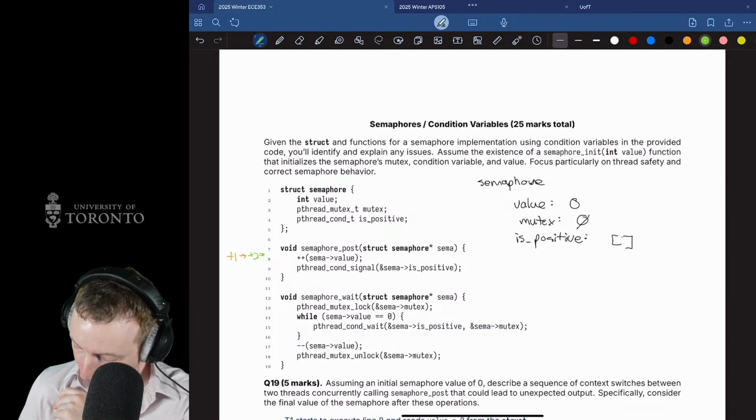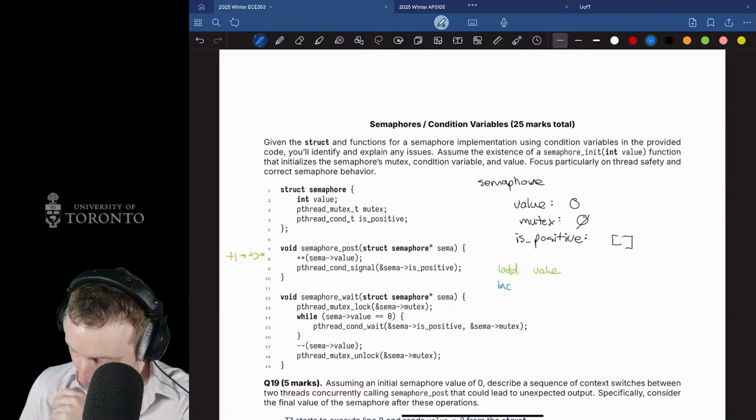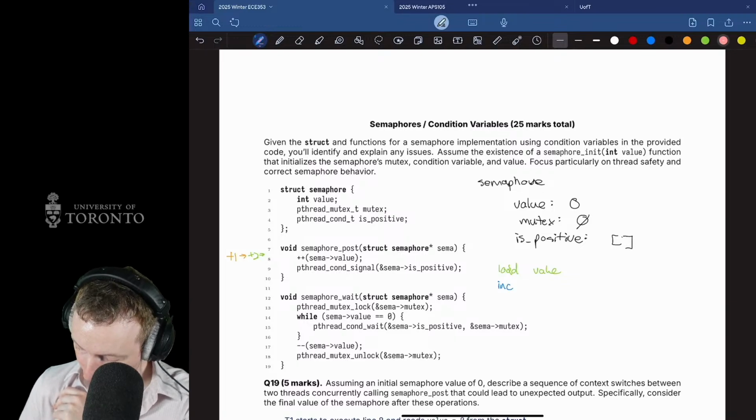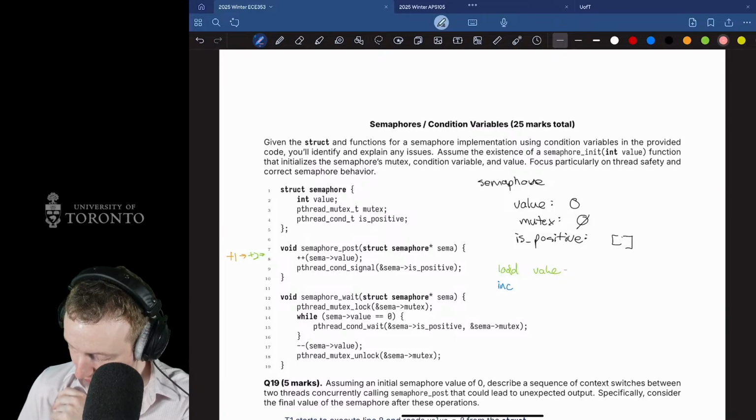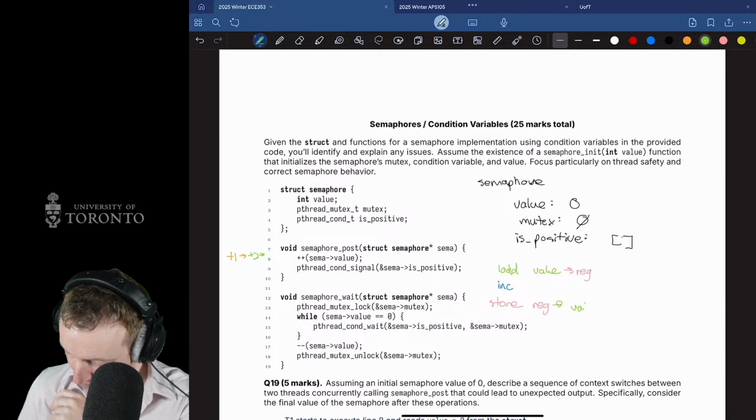So plus plus value, we know that is going to load the value and then do an inc in a register, so into a reg, then we'll inc it and then store reg to value.